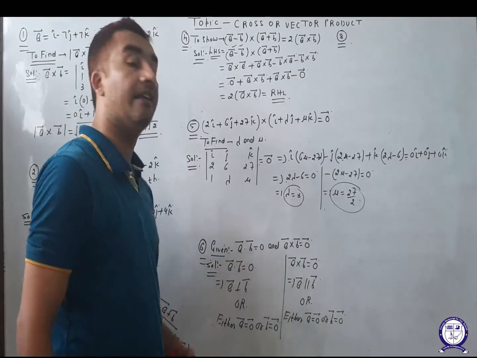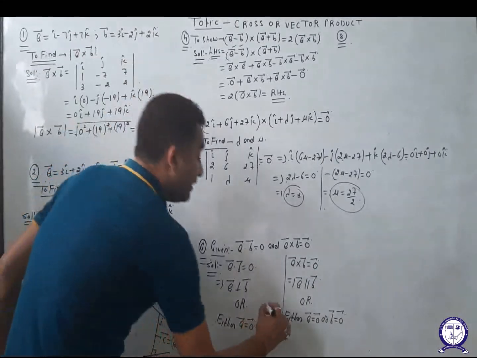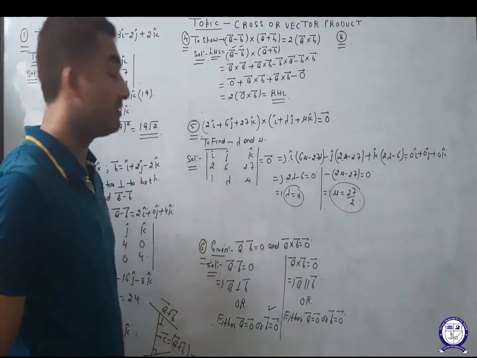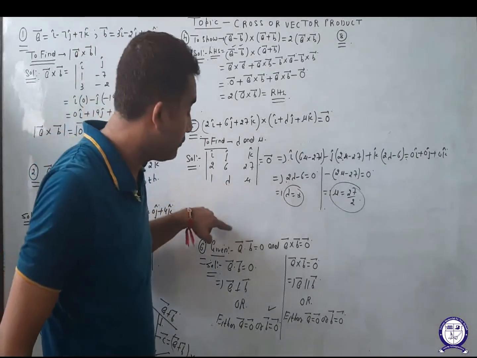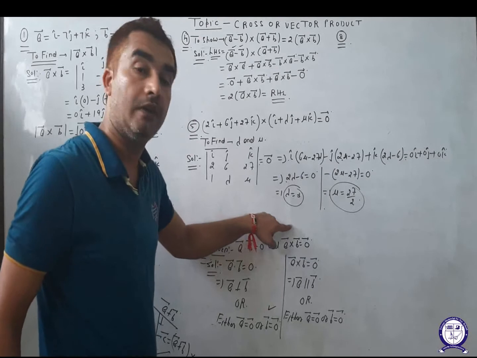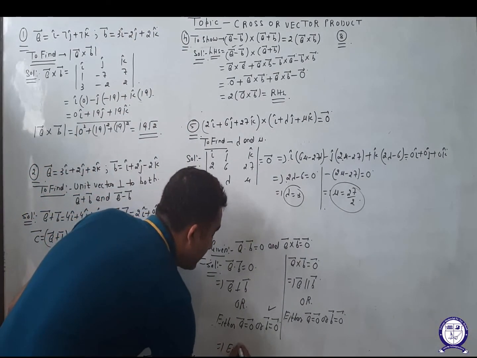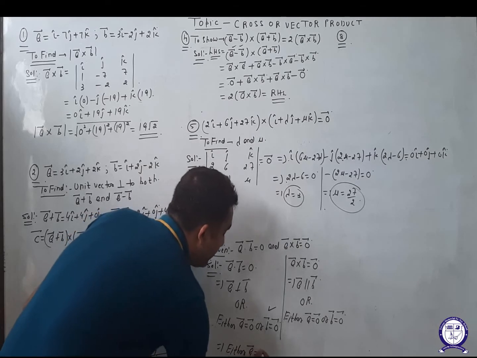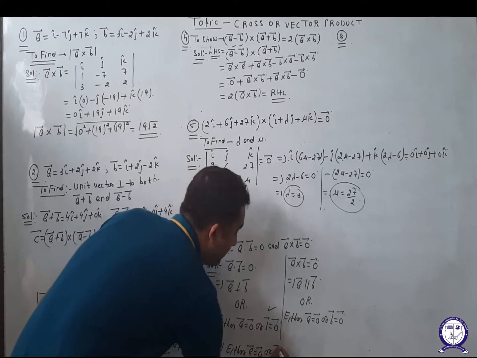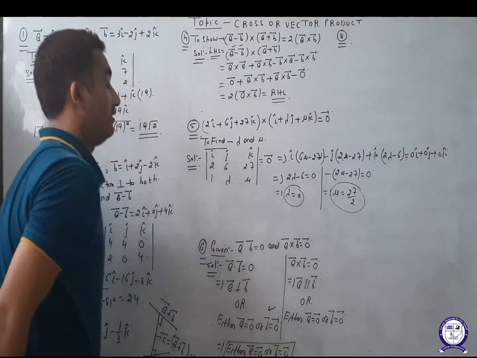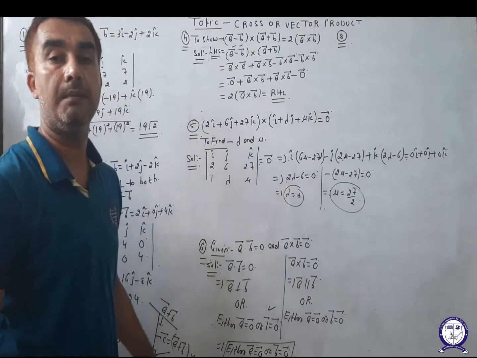That means only one condition is there, that satisfies both at the same time: dot will be 0, also cross will be 0. That means my answer is either a vector is equal to 0 vector or b vector is equal to 0 vector, which satisfies the given conditions at the same time.